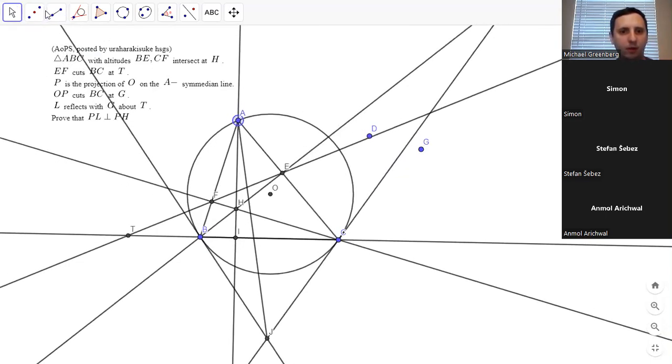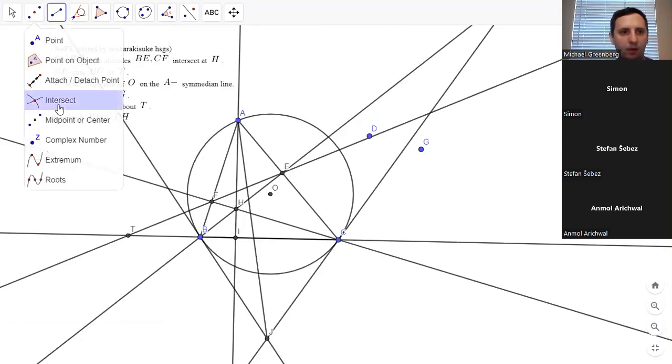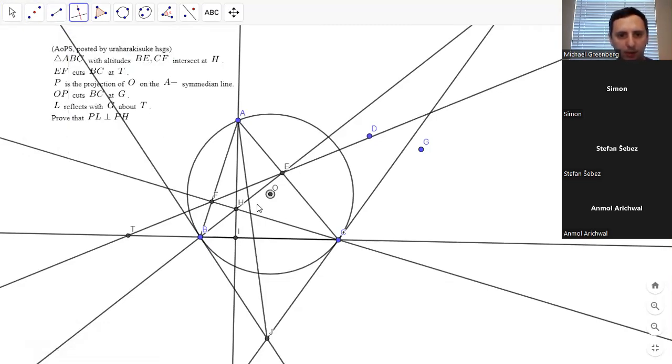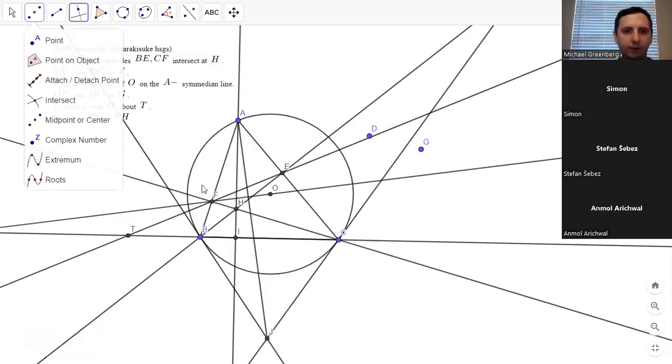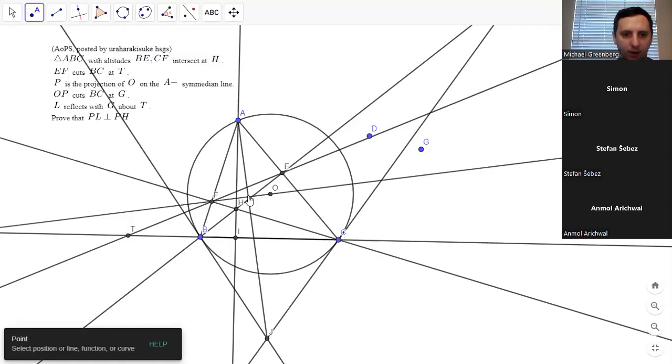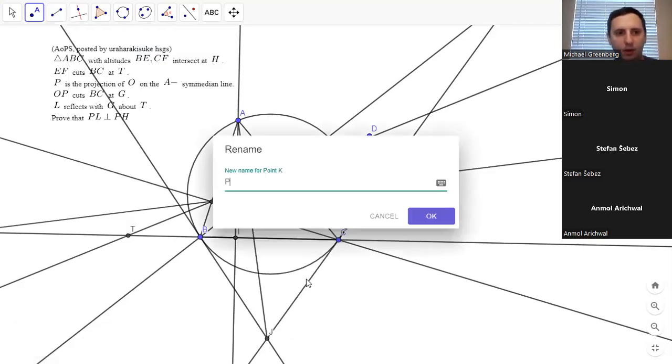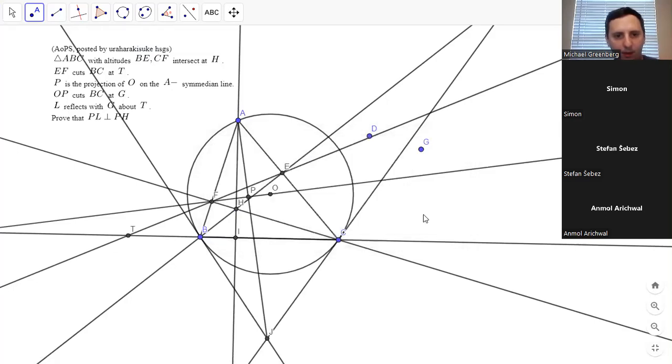So let me draw that. So that's going to be P. So it's the midpoint of this chord, and it's the harmonic conjugate of the Humpty point, which is, I think, video 5 on my channel, and a couple of other things.